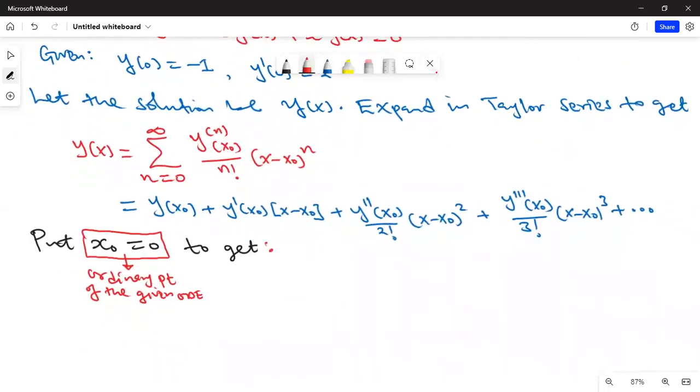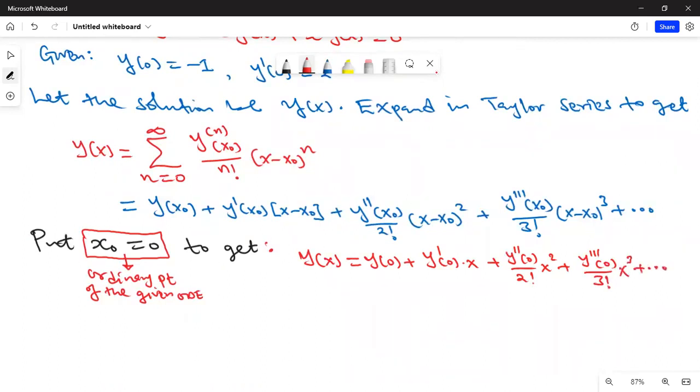So when I put x naught equal to 0, we are going to get y of x is equal to y of 0 plus y prime of 0 times x plus y double prime of 0 over 2 factorial times x squared plus y third prime of 0 over 3 factorial times x cubed plus so many other terms.